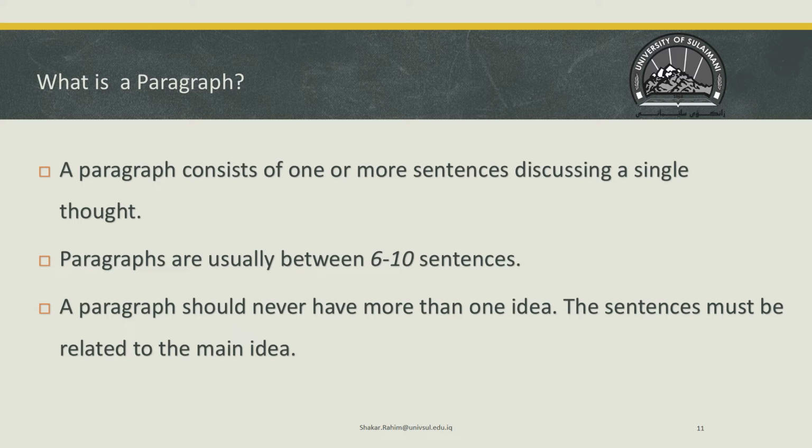You cannot divide your paragraph into two parts, like one of them talking about a car and the other talking about water, for example, or global warming, or climate change, whatever. So no, it should be about one topic.